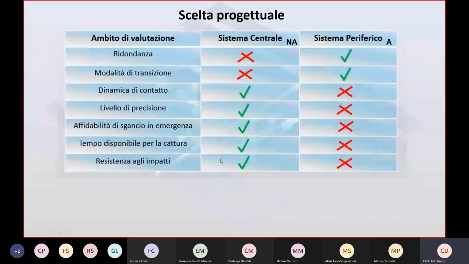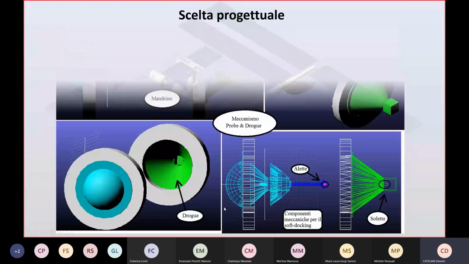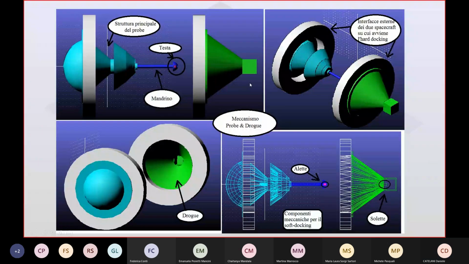Okay, so you have a contact between the chaser and the target. This is a simplified representation of the phenomena. We have the approaching model. We have the shaft here with the head. We need to enter in this drogue and make the docking, so you have to attach two bodies together.